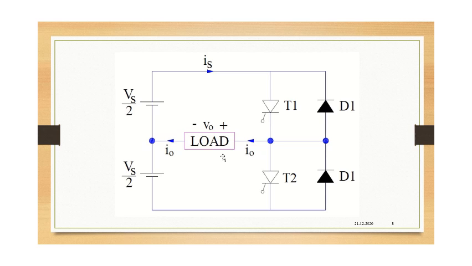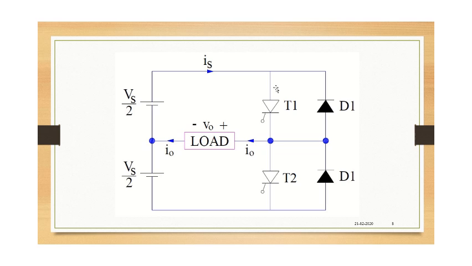And as I said, it is a bridge configuration. The switches you are using here are T1 and T2, and at the input you are using a 3-terminal DC supply.